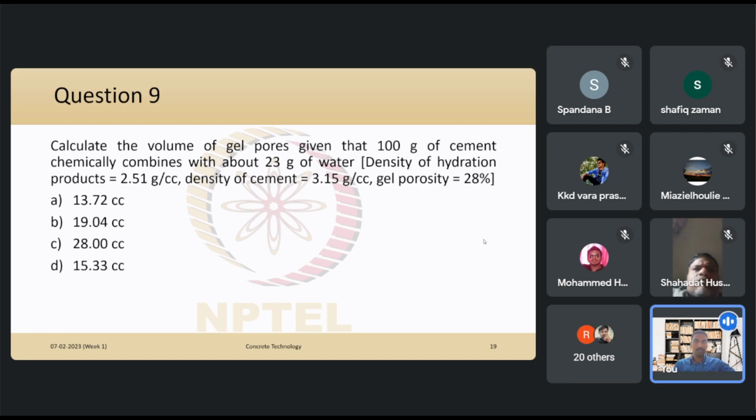The density of cement is 3.15 grams per cc, and the porosity of the cement gel is 28%. Right? So the options are 13.72 cc, 19.04 cc, 28.0 cc, and 15.33 cc. You can take about 2-3 minutes to solve it and then answer.